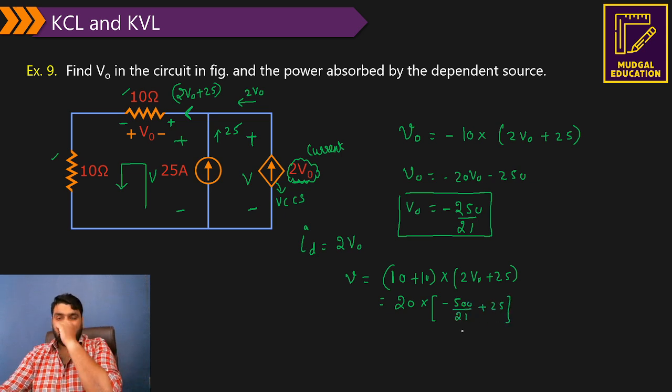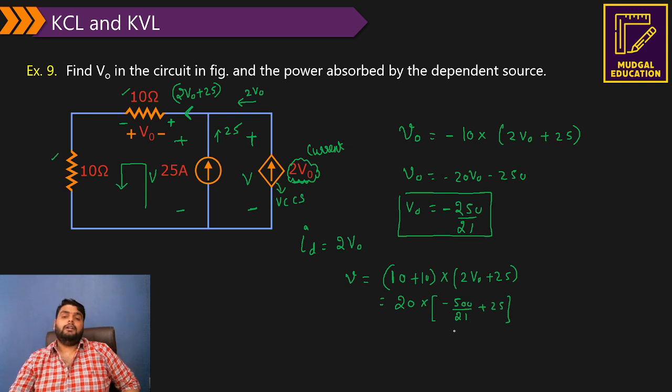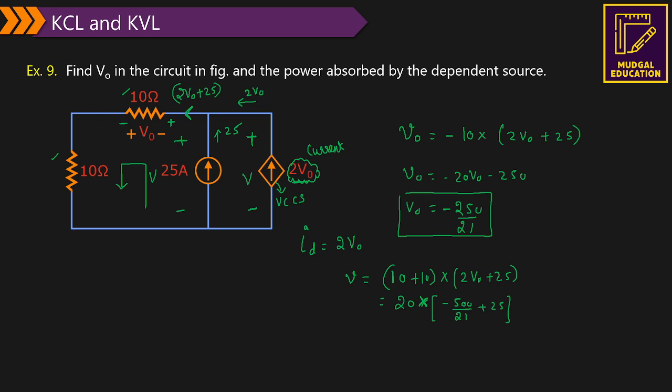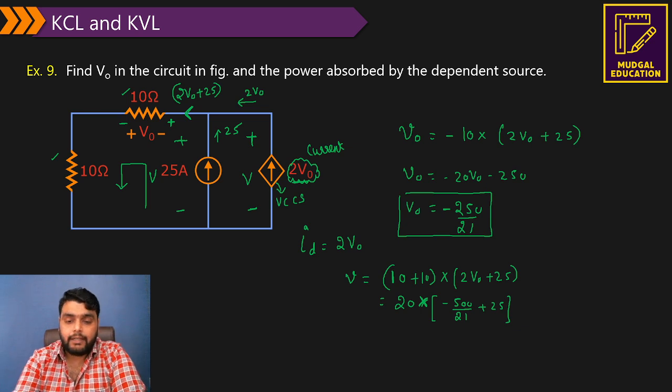Now we have to use the calculator to solve it. I'm not using a calculator right now, but you can use the calculator here easily. Let me bring a calculator. Okay, so I have a calculator. Now we can solve this easily.